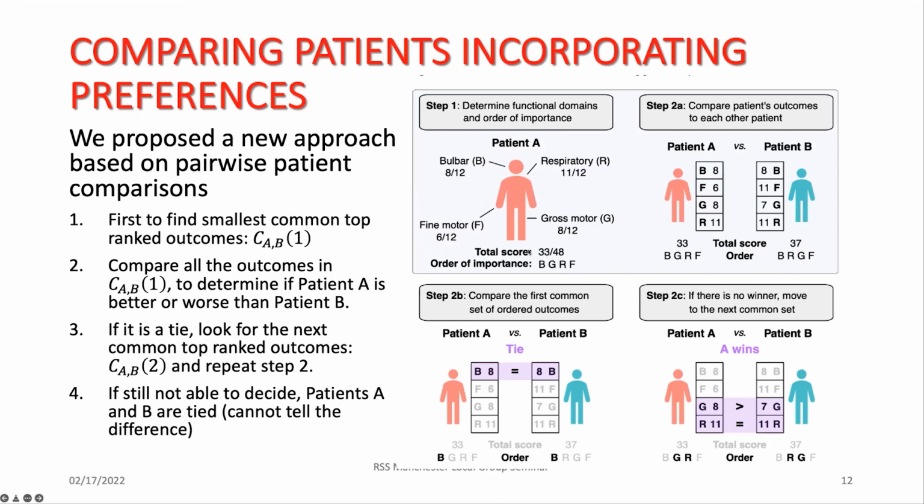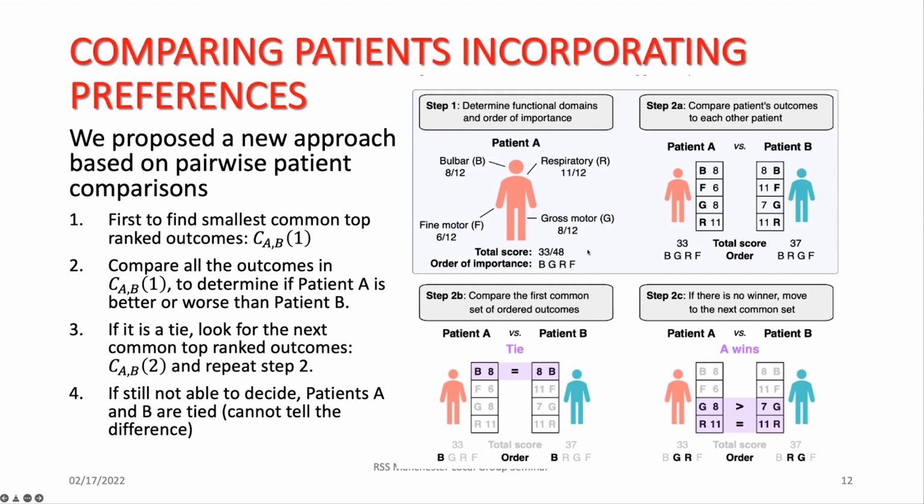If in the common set patient A is uniformly better than patient B, then there's no question that patient A has a better outcome than patient B. However, if the results are not consistent, so they are tied, then you go to the next phase, the second common set, to break the tie, until you get the whole set.